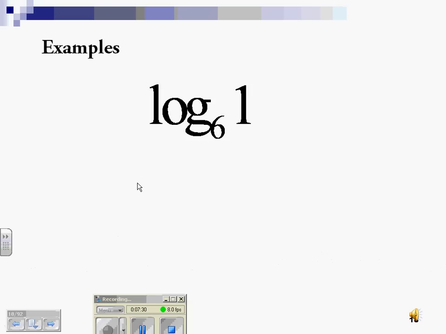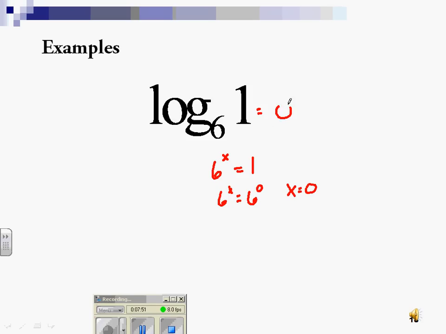Okay, let's do another example. So I have equals something out there. So 6 to the x has to equal 1. Well, 6 to the x has to equal 1 is the same thing as 6 to the 0. So therefore, x equals 0. So therefore, this equals 0.